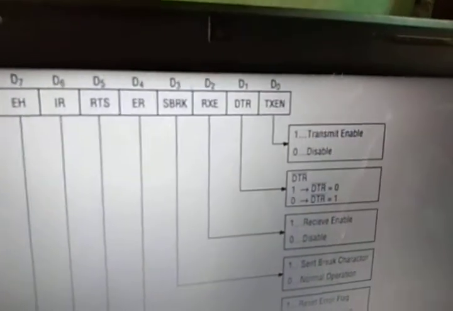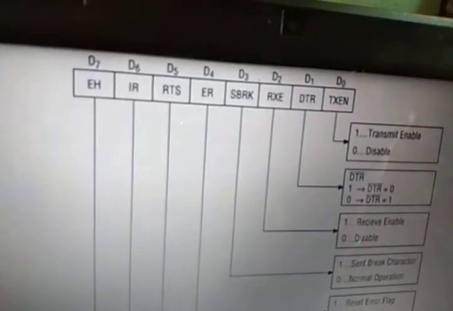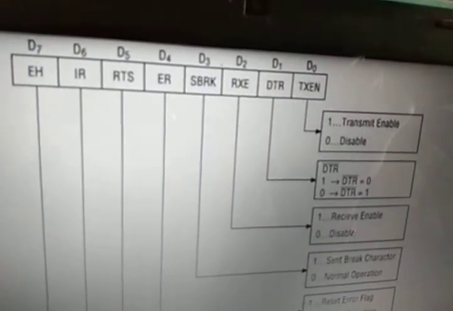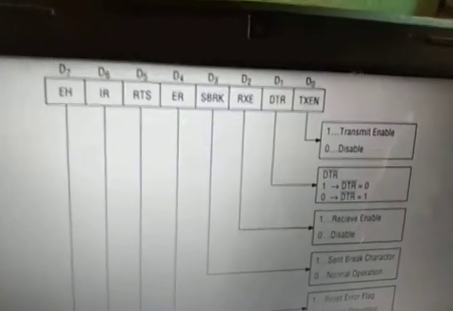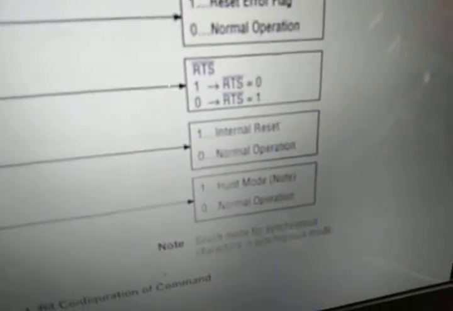This command word contains, the first one, enter hunt mode. In the synchronous mode, the receiver or the transmitter will be continuously searching for the data to come. So this is the hunt mode.